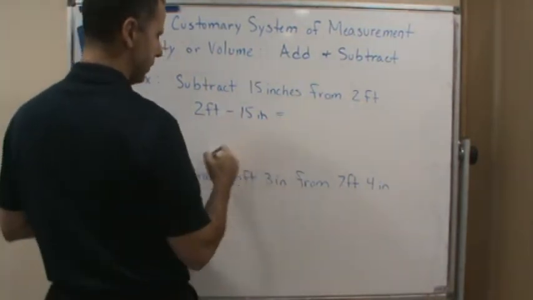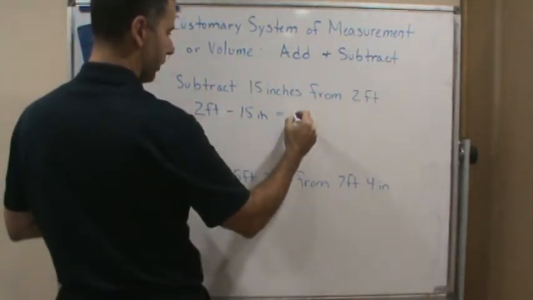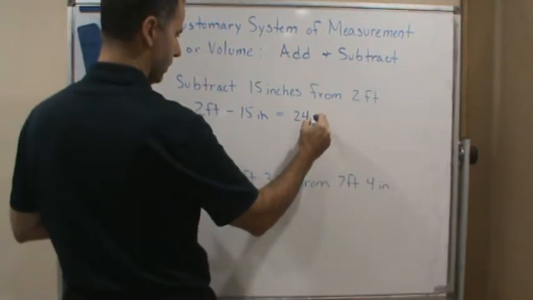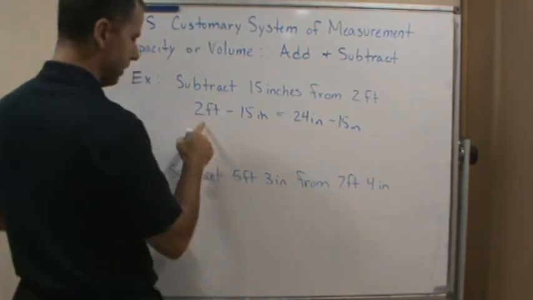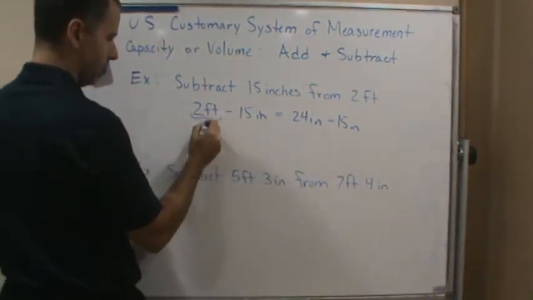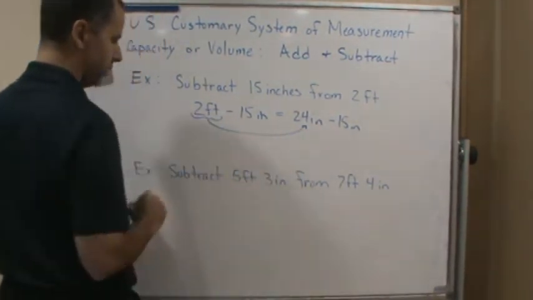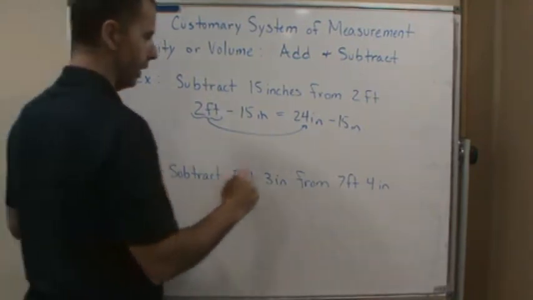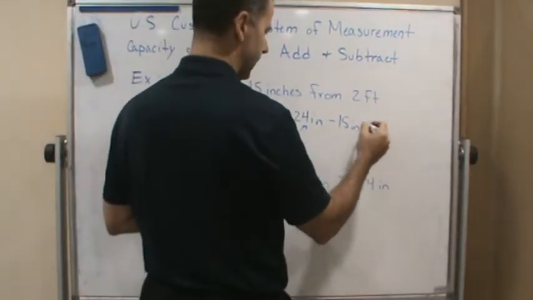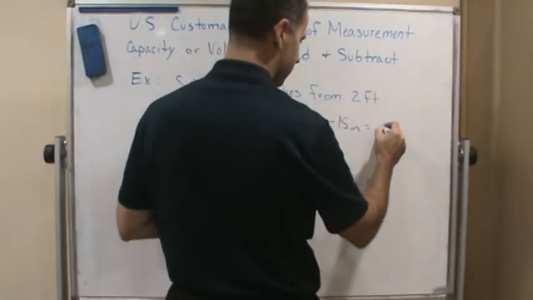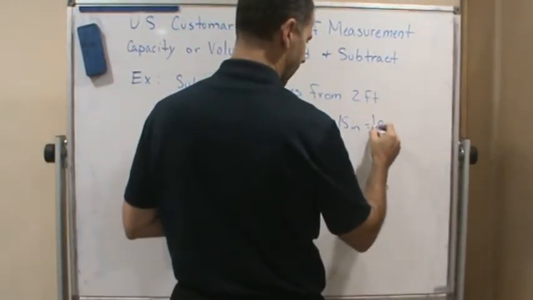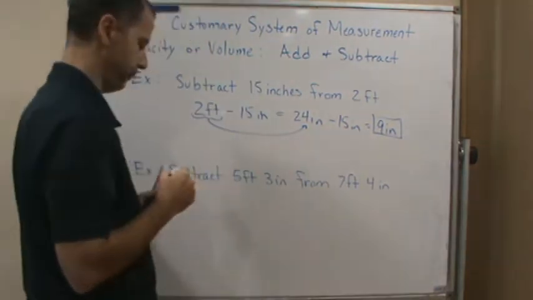And that's equal to 24 inches minus 15 inches. All I did was change the 2 feet to inches. And so now 24 minus 15, I can easily do that. And that's going to give me 9 inches. And so that's the answer.